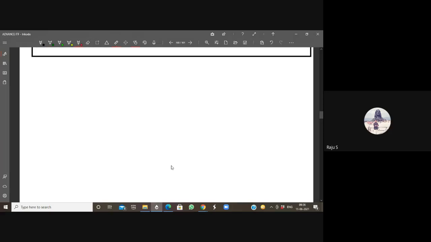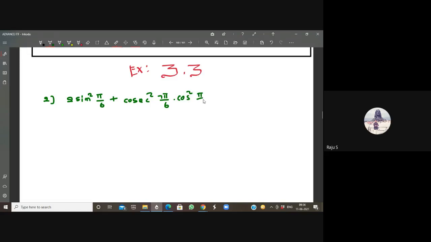What is the second question, students? 2 sin square pi by 6 plus cosec square 7 pi by 6 plus cos square pi by 3 is equal to 3 by 2.